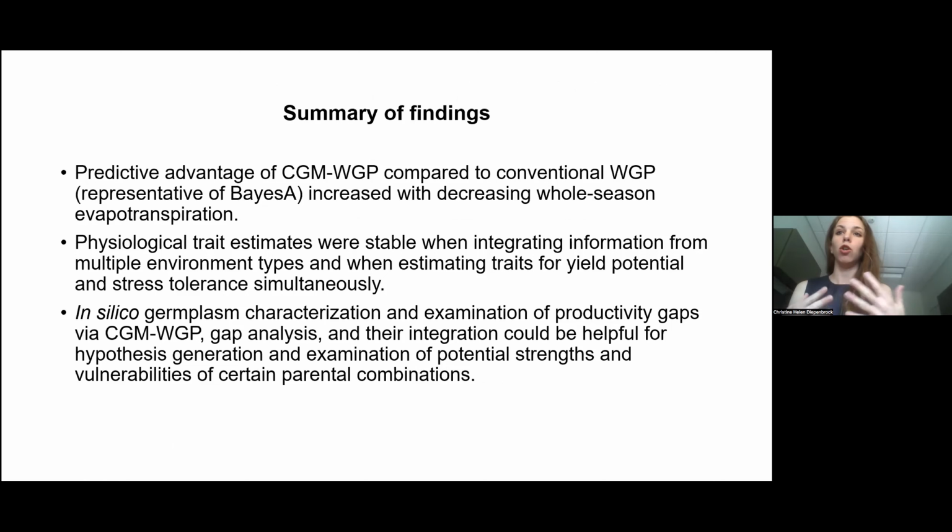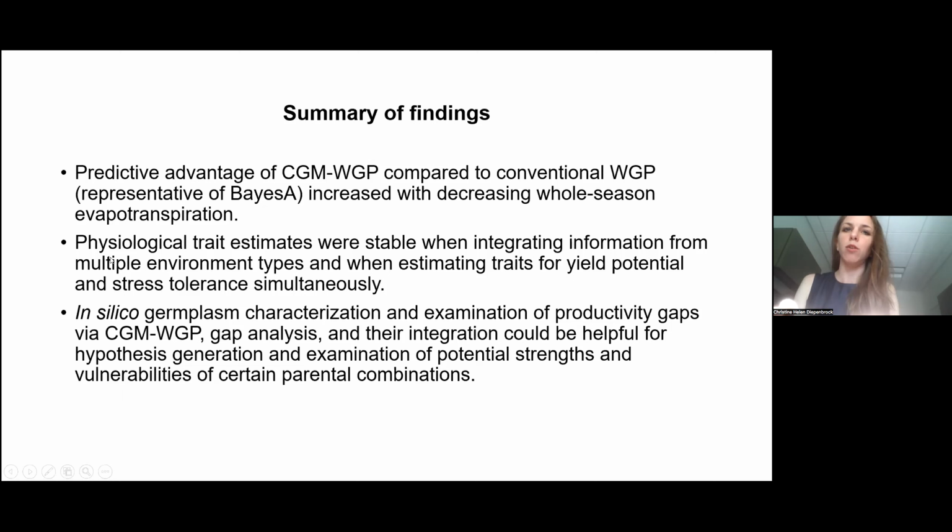So under those stress conditions, we did see that predictive advantage of Cgm-WGP be more pronounced. However, as mentioned previously, we did not see a penalty incurred by having that crop growth model as the link function. It turned out that Cgm-WGP was performing comparably with WGP, even in the absence of those stress conditions. So it may not hurt to have it be one of the standard methods or more mainstreamed going forward.